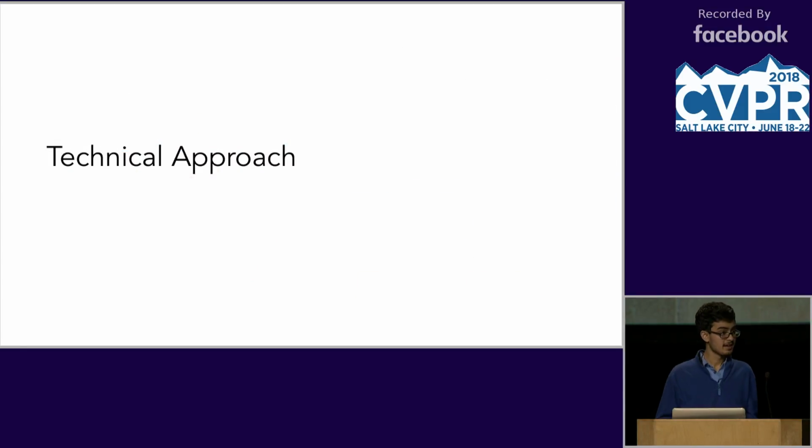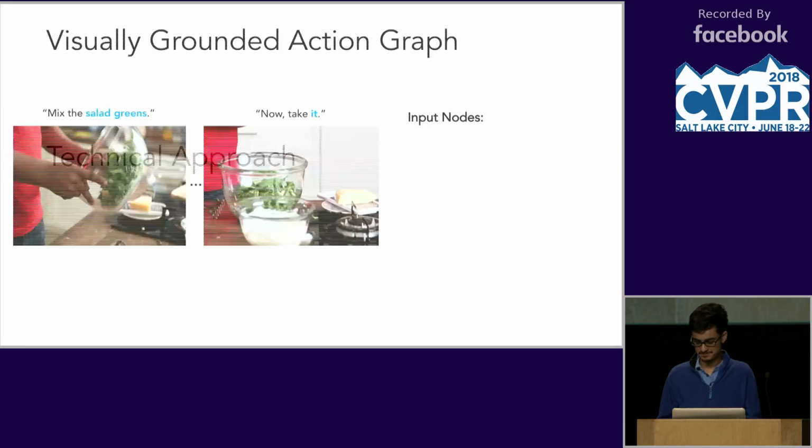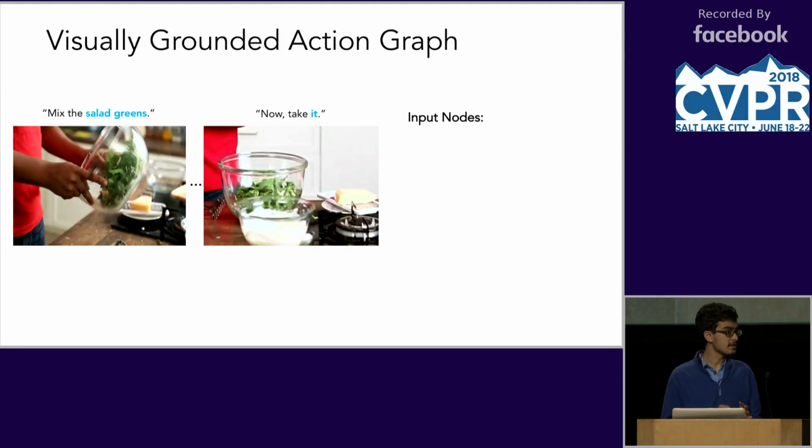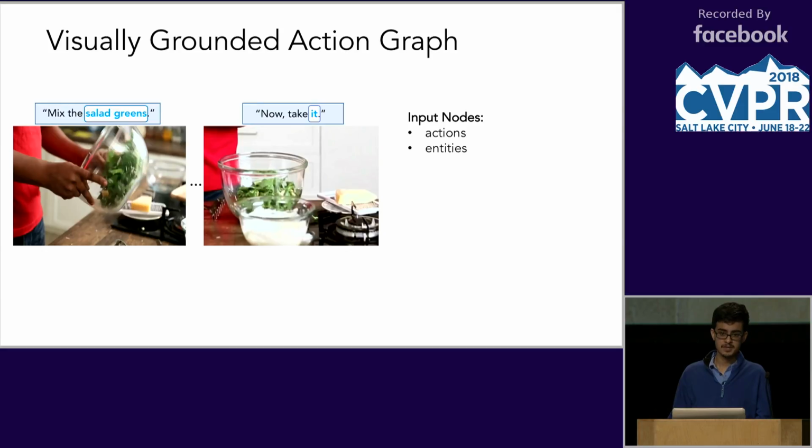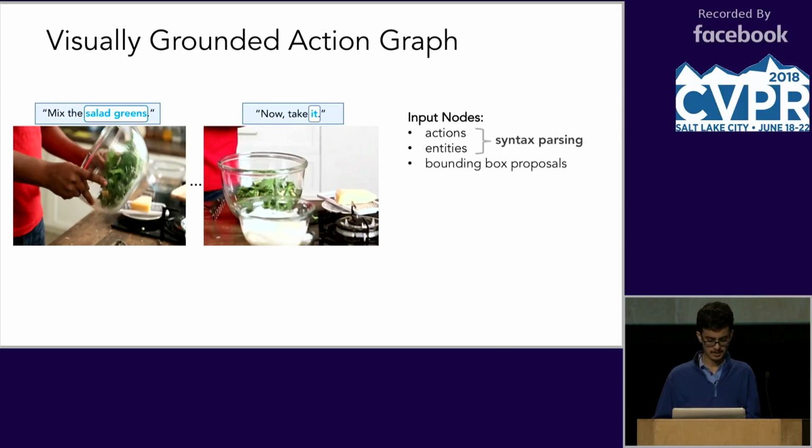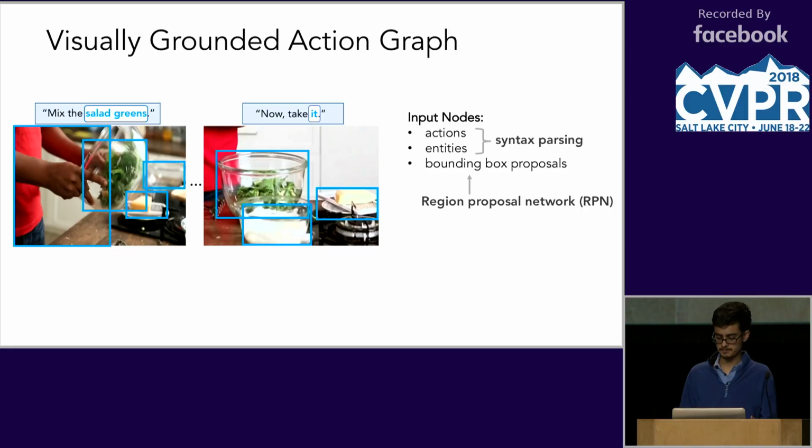All right, now let's delve into the technical details. We can think of this as a sort of graph where the input nodes are actions and entities, which we can obtain through syntax parsing. And in the visual space, the nodes are bounding box proposals, which we can get through a region proposal network.